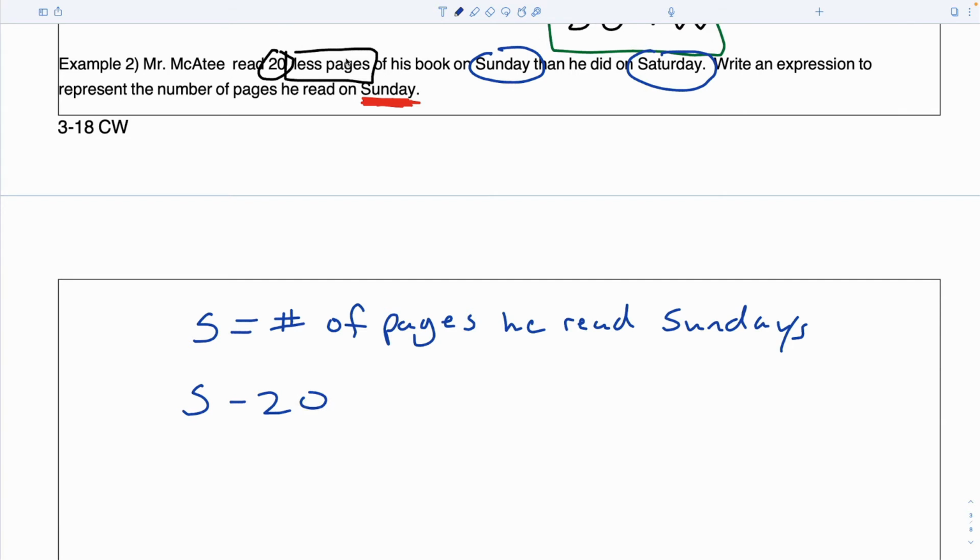He read 20 less pages of his book on Sunday than he did Saturday. 20 less on Sunday than he did on Saturday. So I subtract 20, and this should equal Saturday's pages. Does that make sense?